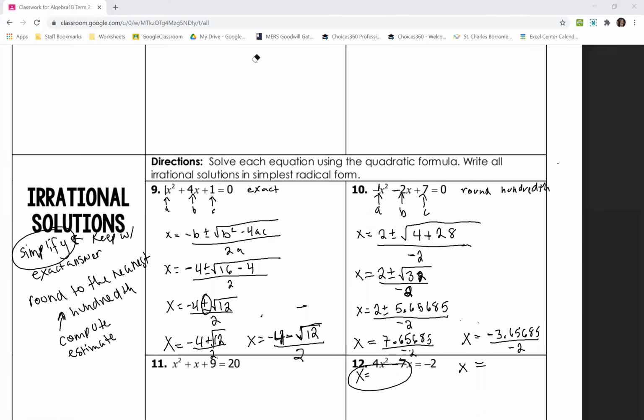So be careful with your calculator, 3.83. And then here you'll have your 3.65685 divided by 2, which gives negative 1.83. So X equals negative 1.83.